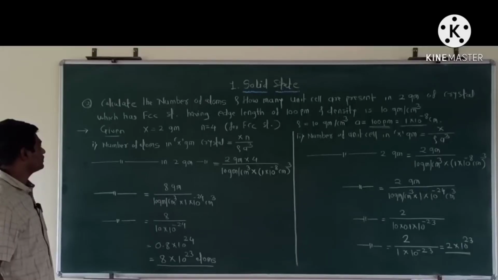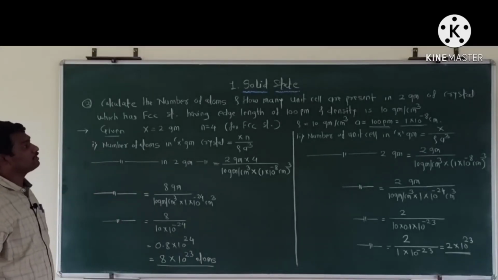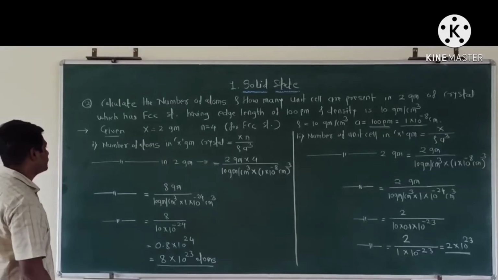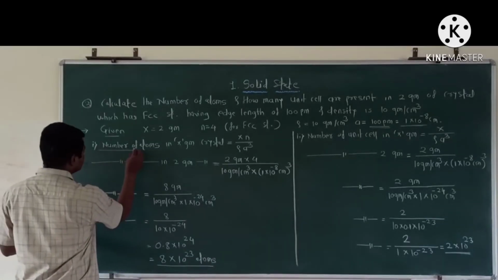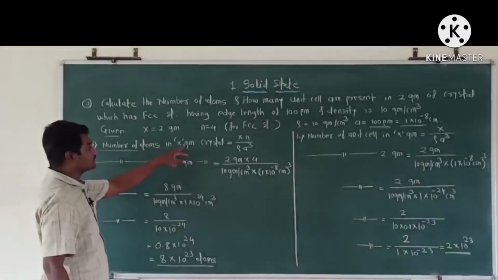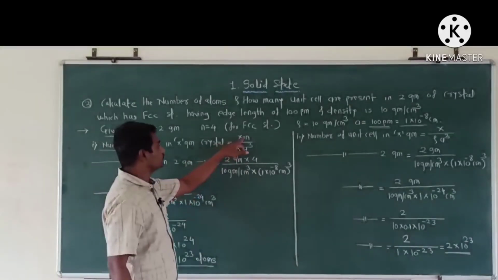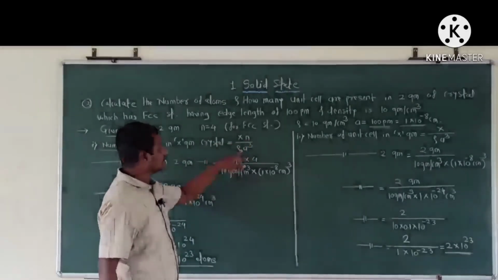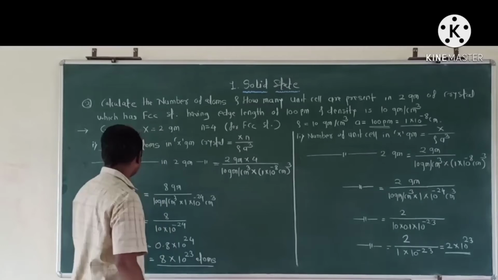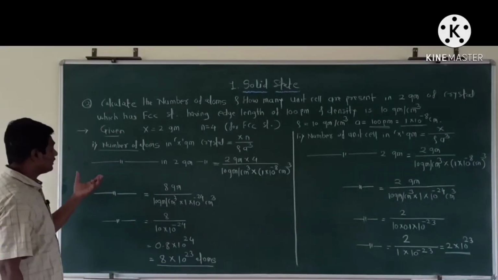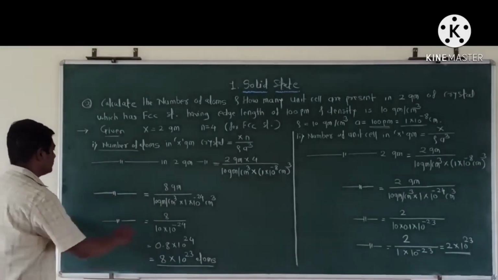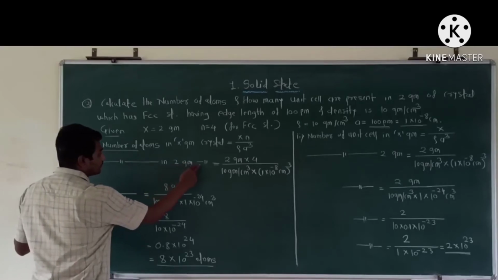First calculate the number of atoms in 2 gram. For that purpose use the formula: number of atoms in x gram crystal is equal to x into n divided by density into a cube.